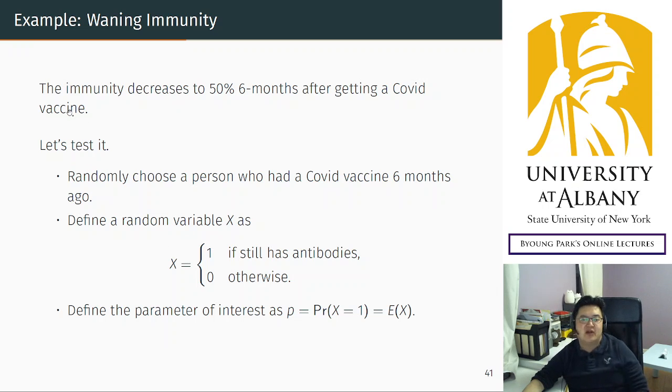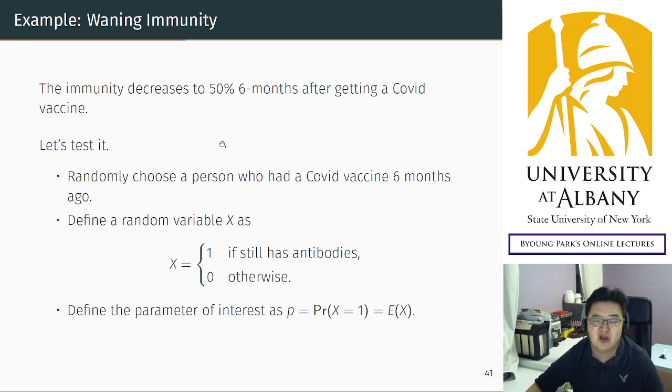Suppose that someone, let's say I believe that the immunity decreases to 50% level 6 months after getting a COVID vaccine. So its efficacy drops drastically 6 months after getting the shot. Let's test it.